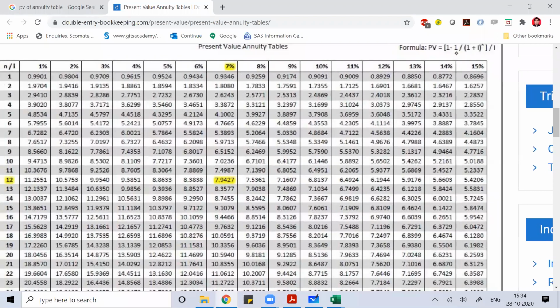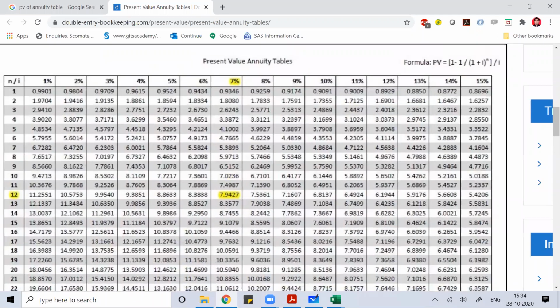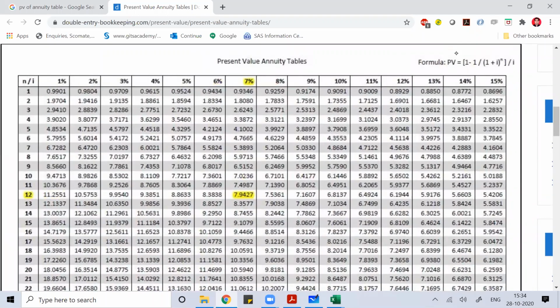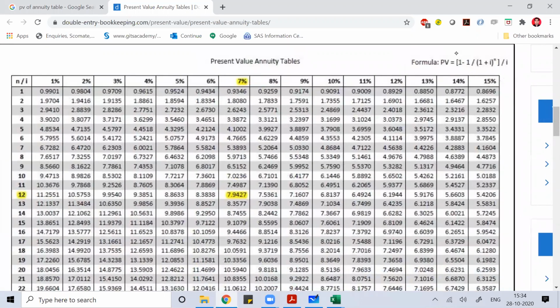You can see the value 2.855. Please see 15% for 4 years, 1, 2, 3, 4: 2.855.